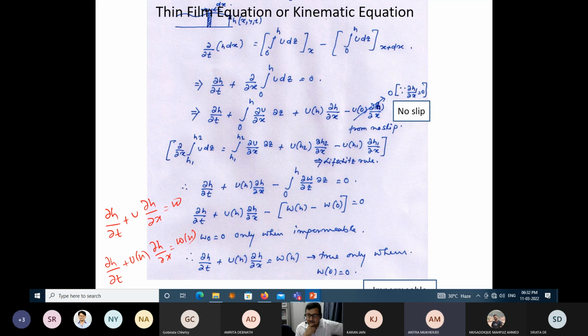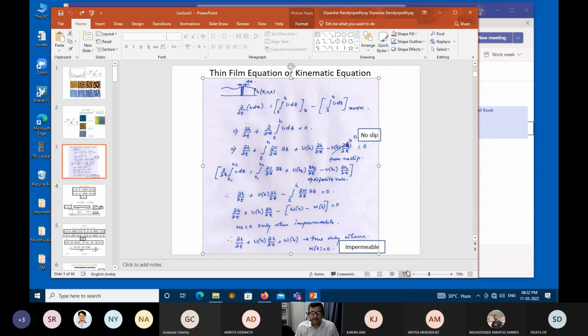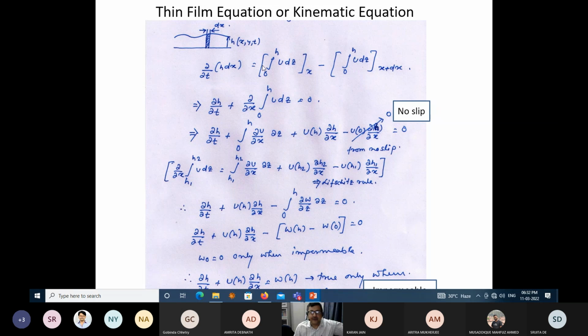Sir, can you please explain this del h by del t term? Sir, that is mass accumulation. Yes, very nice. So this is the amount of mass that is coming in through this face, and this is the amount of mass that is going out through these two faces.